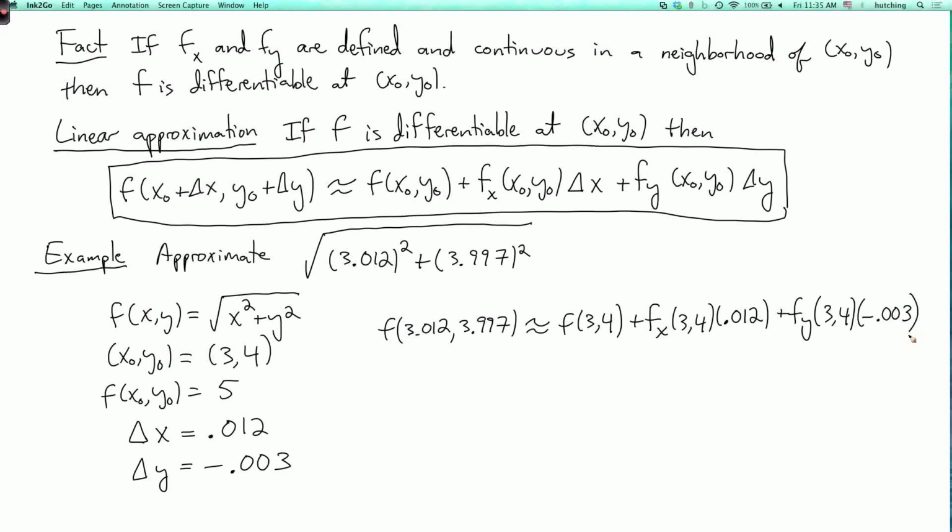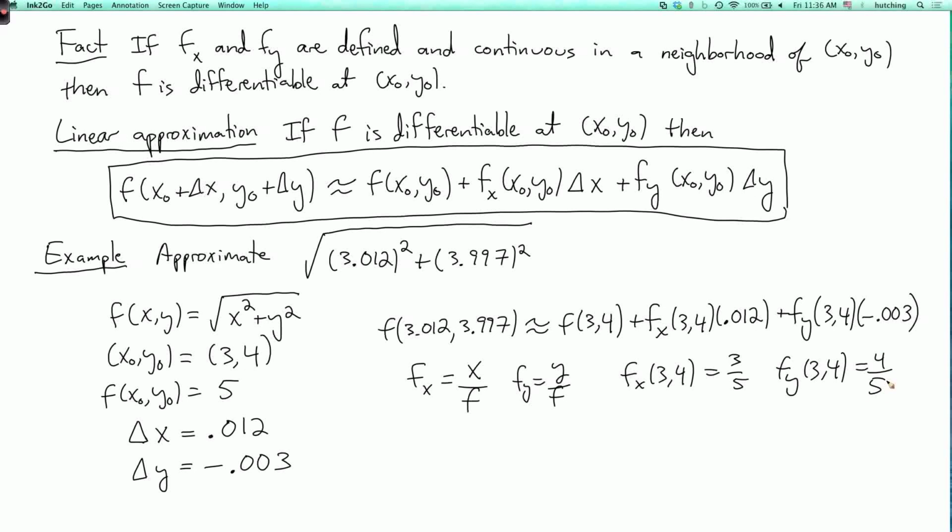Now when we calculate fx, fx is x over f, right, because you get 2x over 2 square root of x squared plus y squared. And fy equals y over f. So we get that fx of 3, 4 equals 3/5, and fy of 3, 4 equals 4/5.